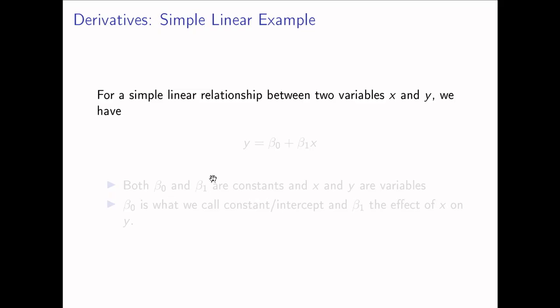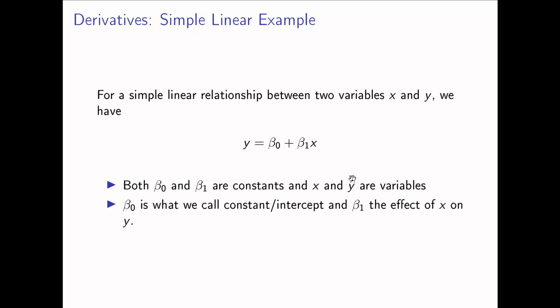So let's say here we have a very simple linear relationship between two variables x and y. So in this case, both beta 0 and beta 1 here, using Greek notation, are constants, and x, y are variables. Beta 0 is what we call constant or intercept in statistical terminology, and beta 1 is the effect of x on y.